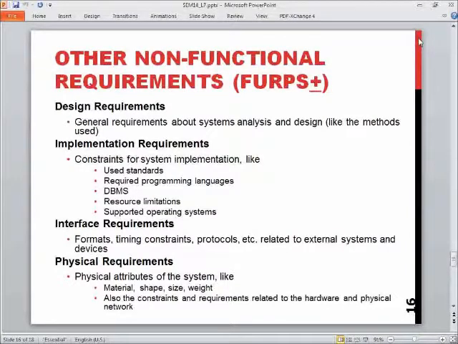Well, the other things, the plus in the verbs plus model, are the design requirements, implementation, interface, and physical requirements. More or less, the idea is that these things are dictated by the hardware available, the environment available, marketing aspects, and so on.